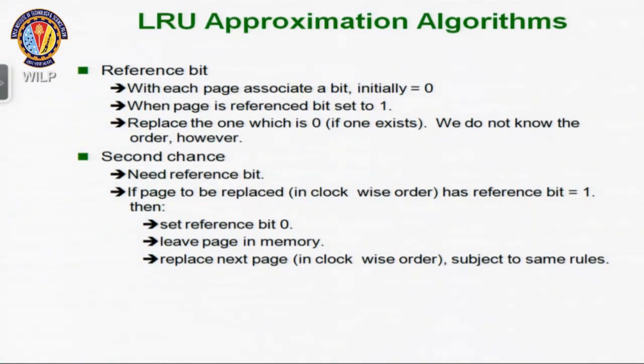In this way, we exhaust all the frames. It is possible that if all the frames were marked with a 1, then after giving a second chance we will return to the first frame and replace that same frame. But let us look at a diagram which will show how things actually happen.